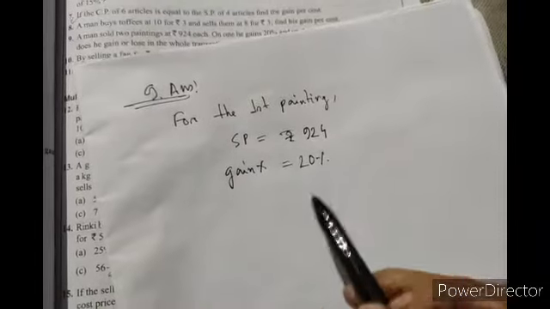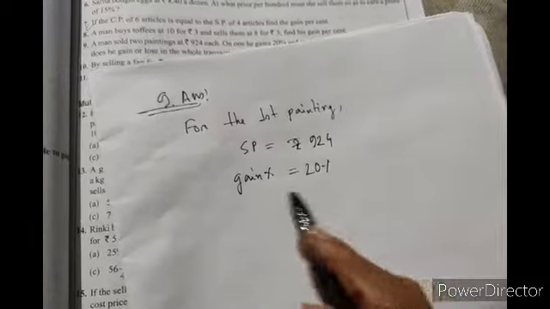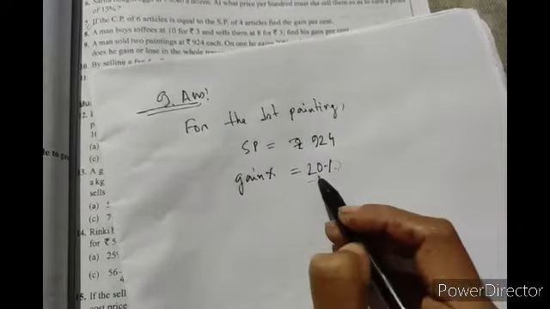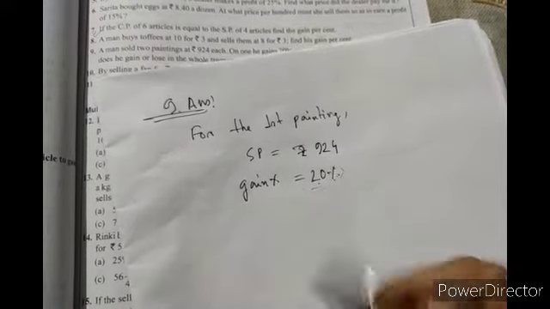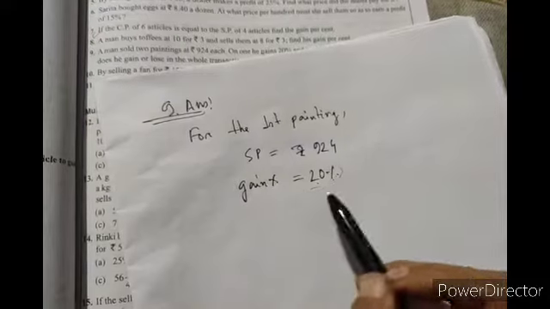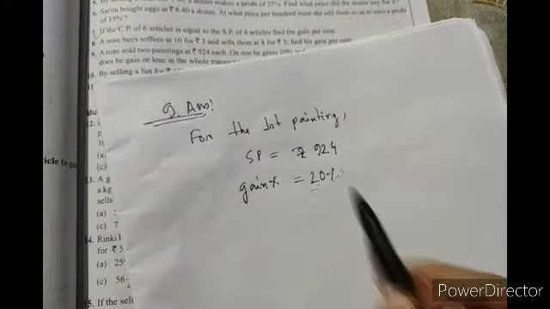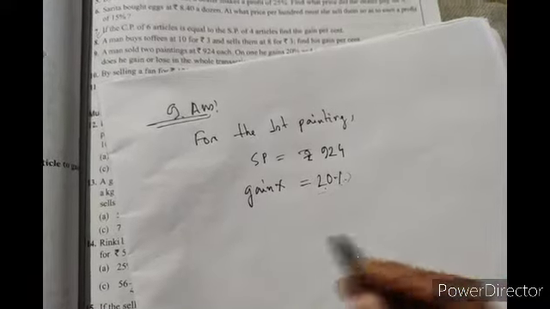Selling price will be more as compared to cost price, since gain. See, gain 20%. Whenever it is written in terms of percent, we will always compare with cost price equal to 100. Remember, that means cost price is equal to 100, then selling price will be 100 plus 20, 120.